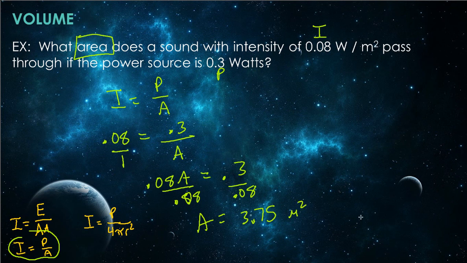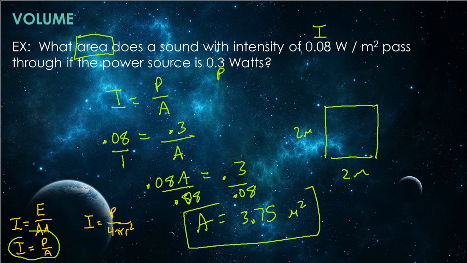That's going to be meters squared. So this is a fairly big area that we're passing through. If you think about it, 2 meter by 2 meter if I was talking about a square, this is taller than a person on both sides. But we don't know anything about the shape. We just know the area that we're passing through right there.